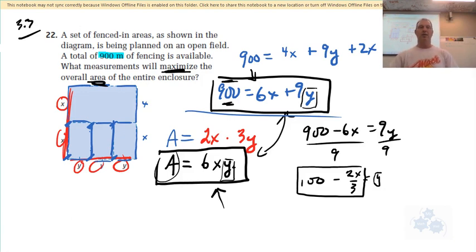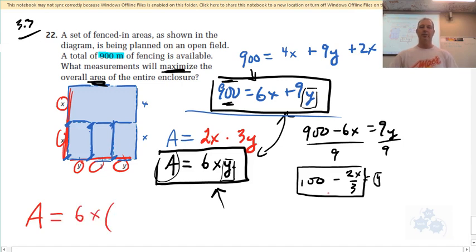So the area is going to look like this, and I'll try and change my color a little bit. Area is going to be 6 times x times (100 minus 2x) over 3. See that? 6xy. What's y? Well, y is this.